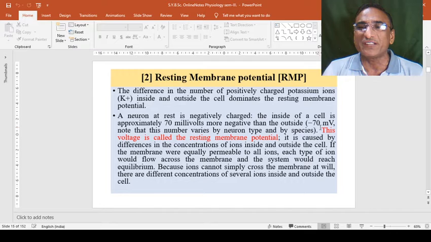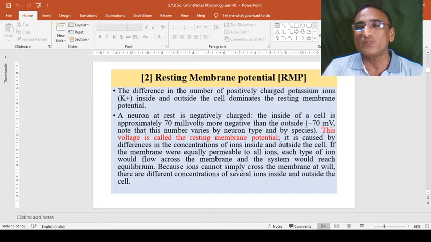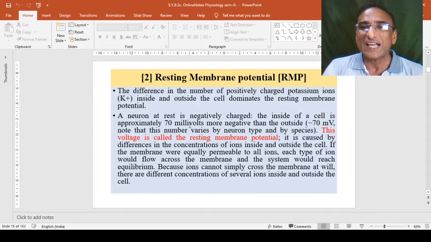Note that this number varies as per the type or activity of the neurons in specific instances, and this voltage is called the resting membrane potential. Generally we can call it the potentiality of the membrane, which can be calculated in millivolts, and it depends on the amount of potassium ion movement in and out of the membrane.